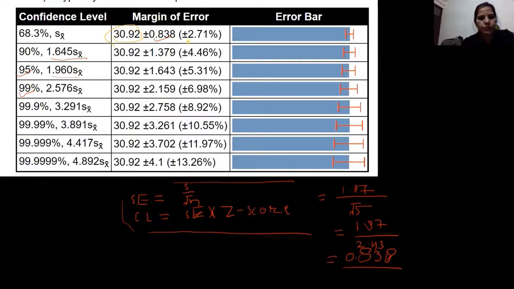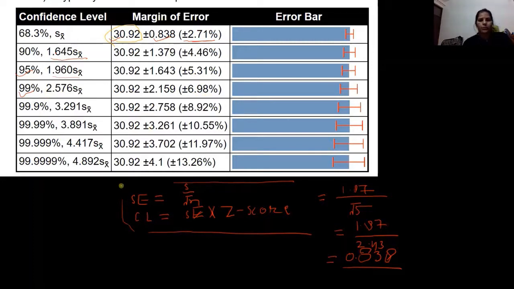The values within brackets are the percent of these margins of error relative to the total mean value of the population. So for the 95% probability level it is 5.31%, and for 99% probability level it is 6.98%.